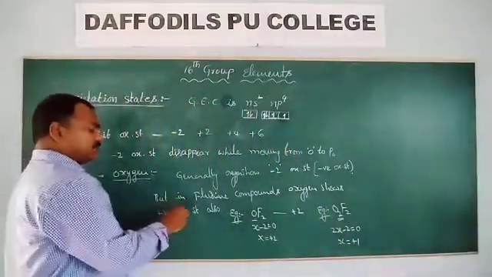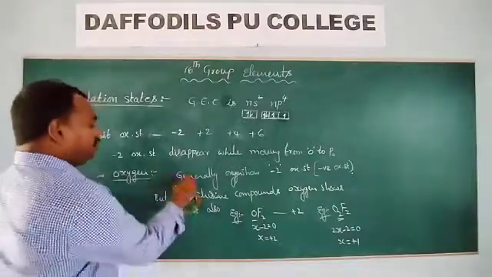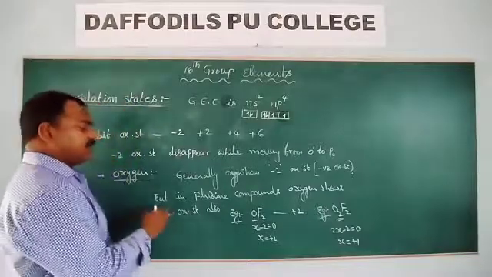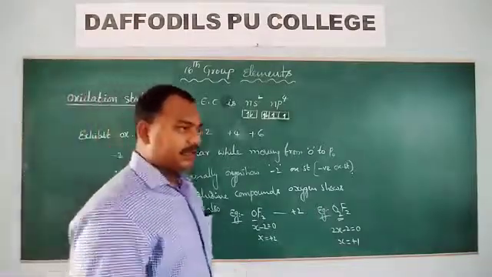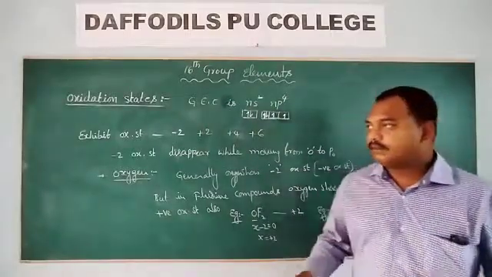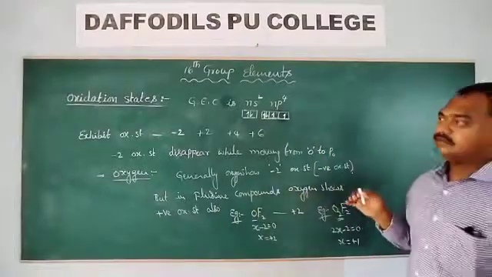So oxygen shows positive +1 and +2 oxidation states in fluorine compounds. In the remaining compounds, oxygen exhibits negative oxidation states. The common oxidation state of oxygen is -2.